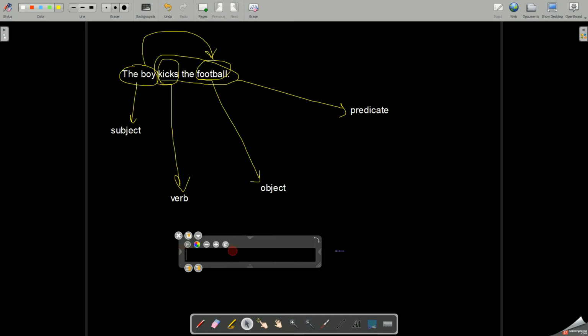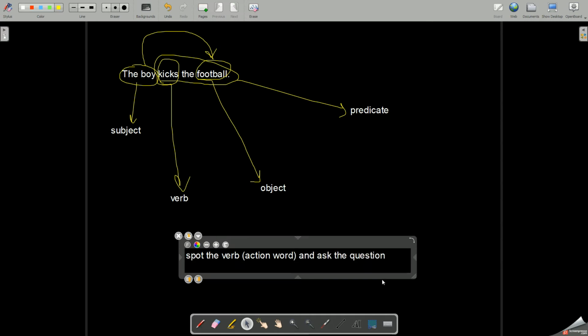So basically what you have to do in such sentences is spot the verb, that is the action word, and ask the question what after the verb. Like in this you can ask, kicks what? So he kicks the football.